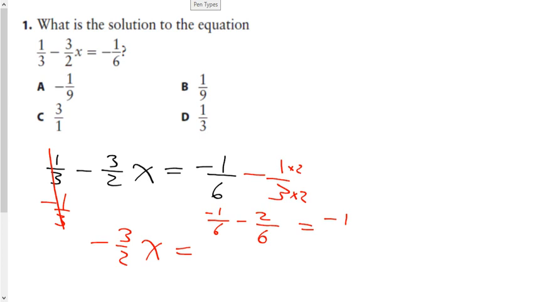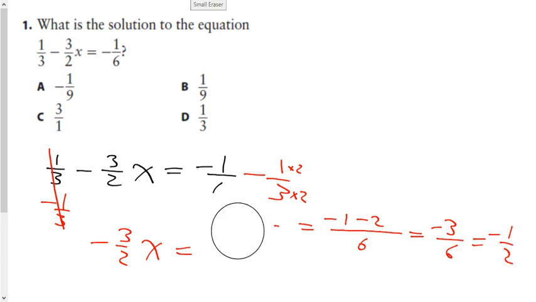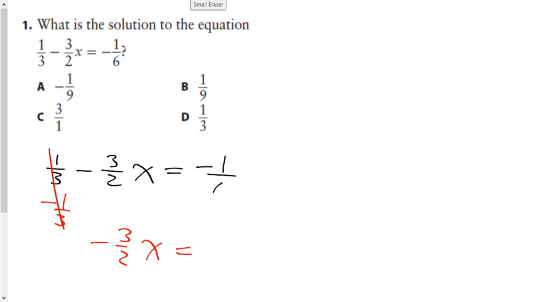Now that I have that, keep your denominator and subtract your numerators. -1 take away 2 is -3. So when I subtract a third from -1/6, I get -3/6, and we're in lowest terms. So I might as well reduce it to -1/2. So erase all this. That'll work.